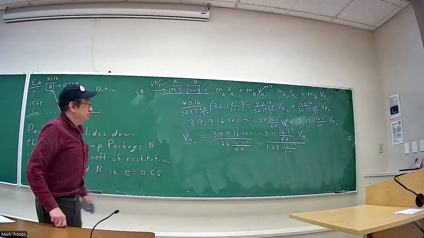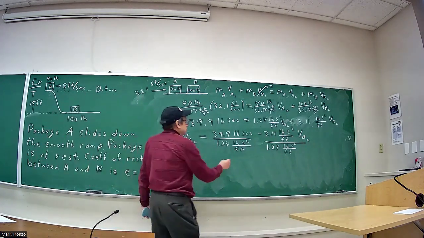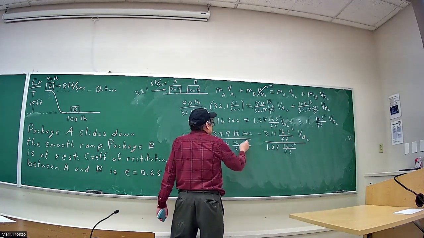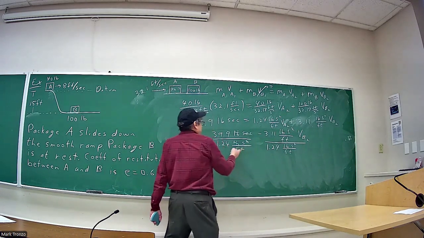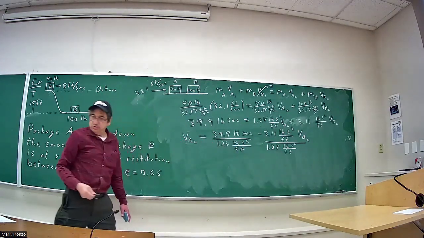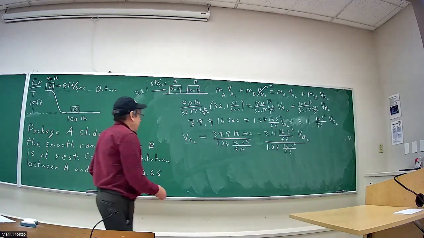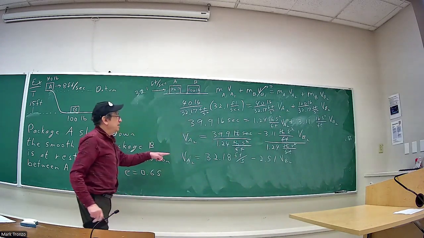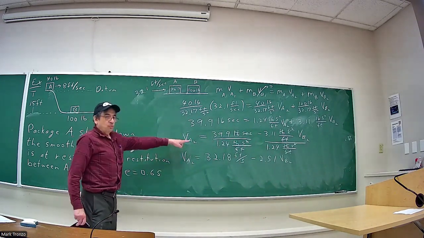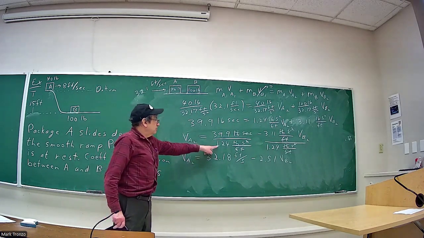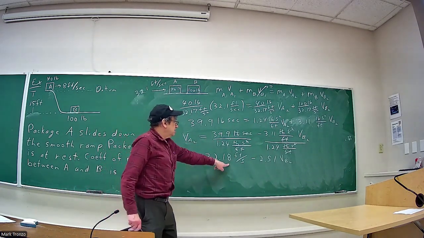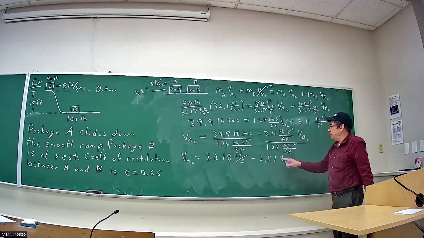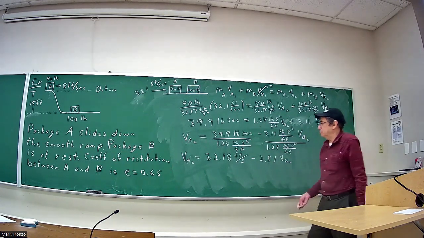Let's see what cancels here. Pound cancels, one of the seconds cancels, and so this is going to be feet per second, which is encouraging. So when we divide by the 1.24, we get 32.18 feet per second, and we get 2.51 with no units. Of course, this is going to be feet per second, so that looks good.